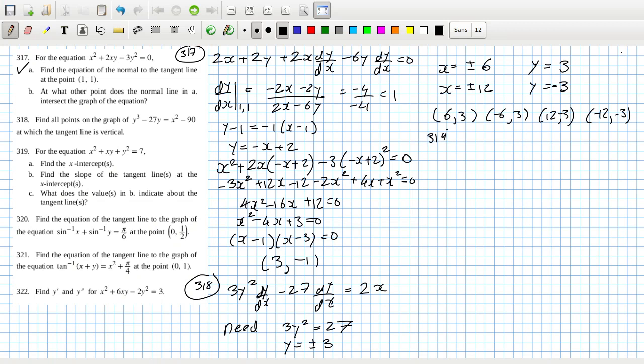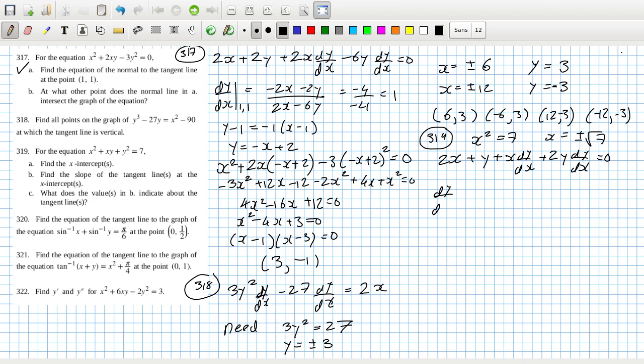319. Find the x-intercept. Well, that's just when the y is equal to 0. So when x equals plus or minus root 7. Find the slope of the tangent lines at the x-intercept. So that's 2x plus y plus x dy/dx plus 2y dy/dx equals 0.